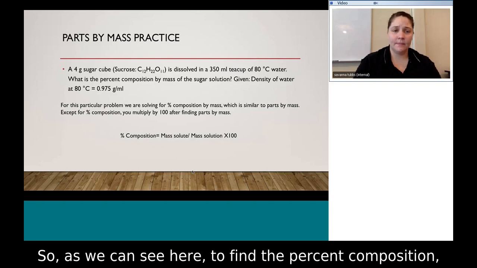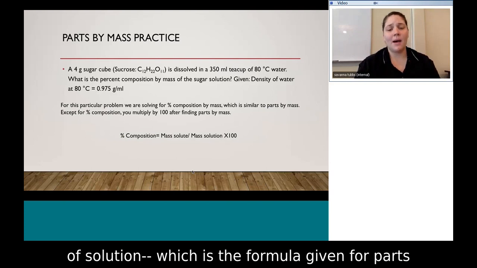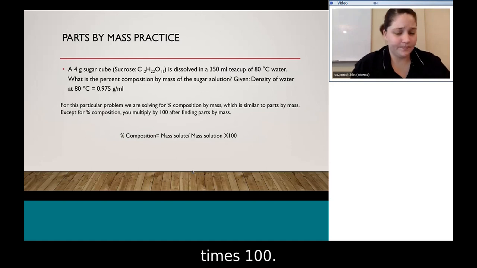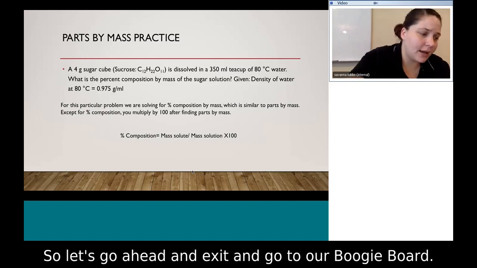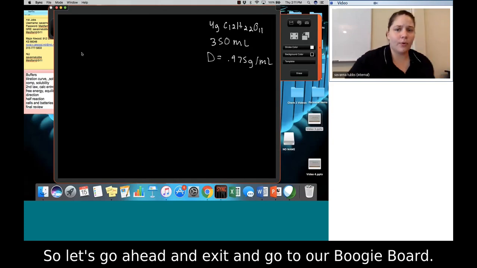So as we can see here, to find the percent composition, it's going to be the mass of solute divided by mass of solution, which is the formula given for parts by mass, times 100. So let's go ahead and exit and go to our boogie board.